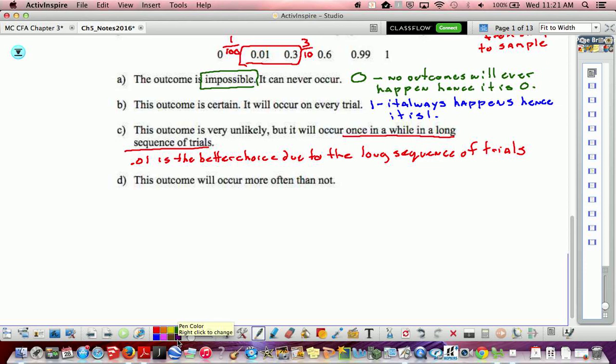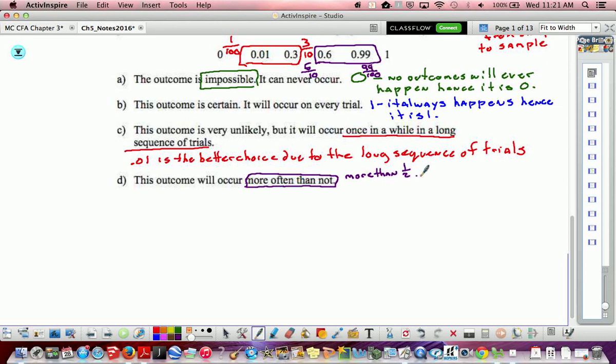And the last one, D here, says this outcome will occur more often than not. So is it 0.6 or 0.99? 0.6 would be 6 over 10 versus 99 out of 100. When we're saying more often than not, that kind of refers to just more than half. Would you agree?